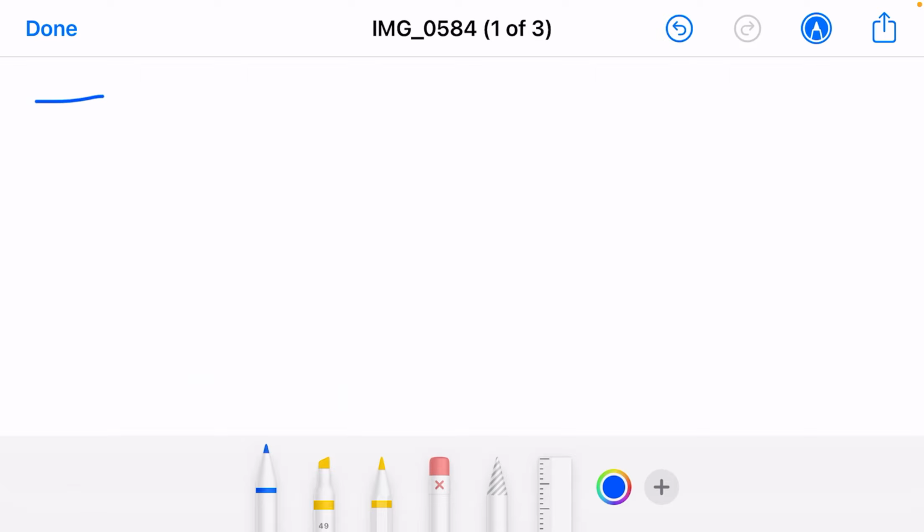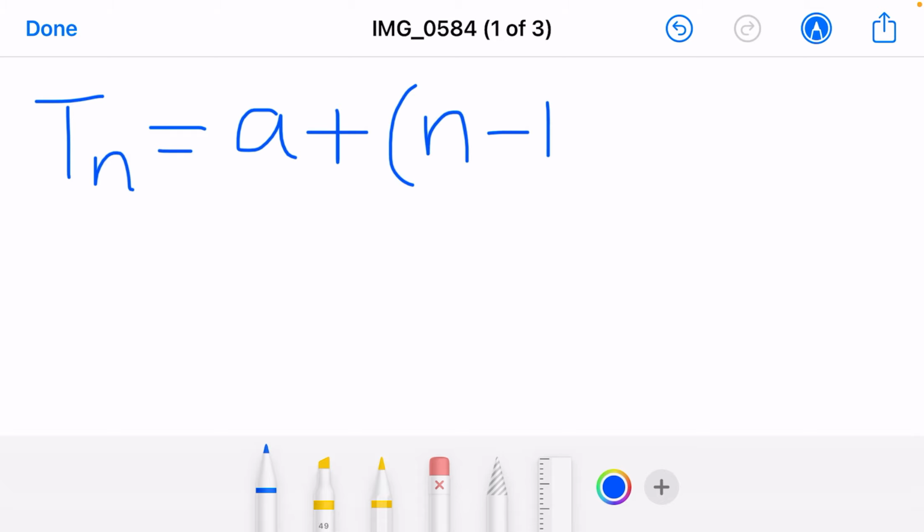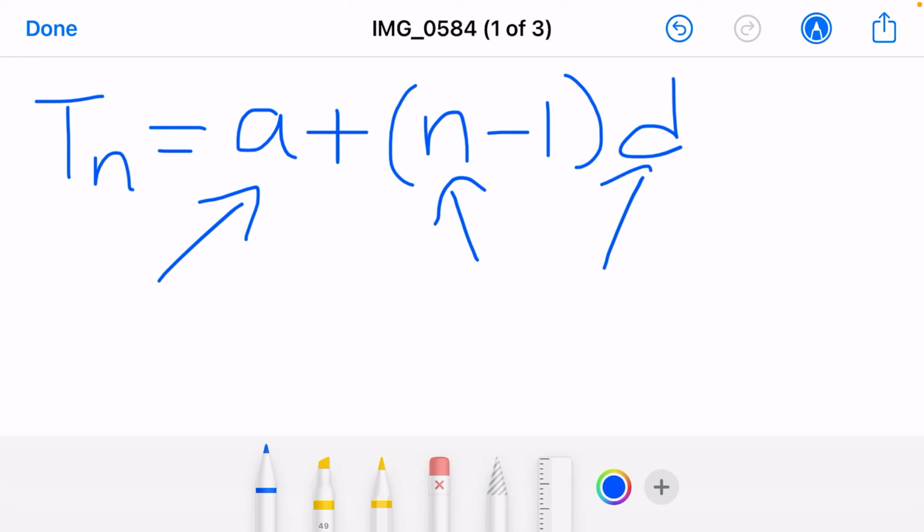So ladies and gentlemen, we know Tn equals a plus (n minus 1) times d, where a refers to the first term of the sequence, n is the number of the term in the sequence, and d is the common difference.